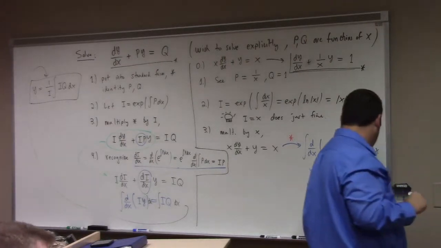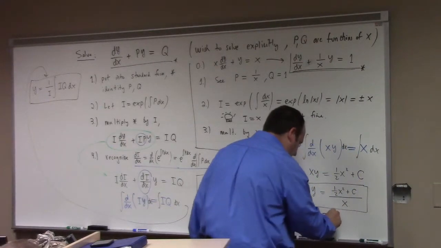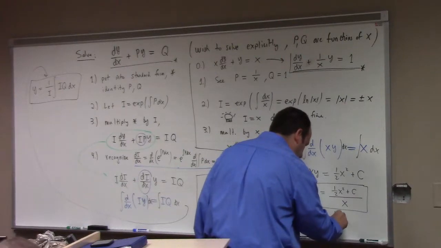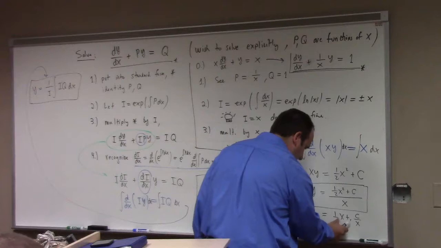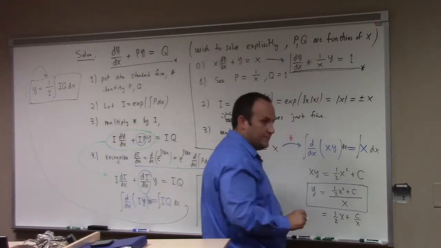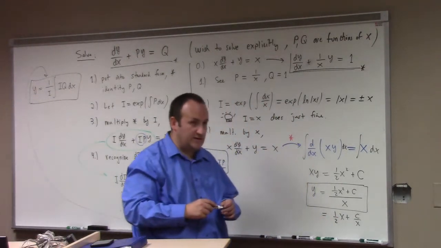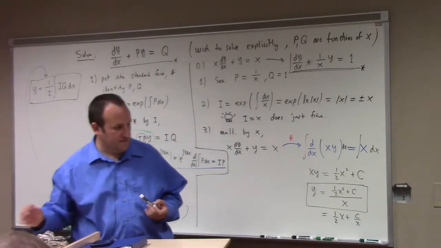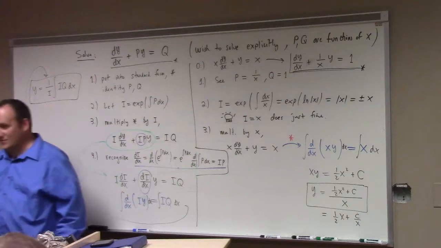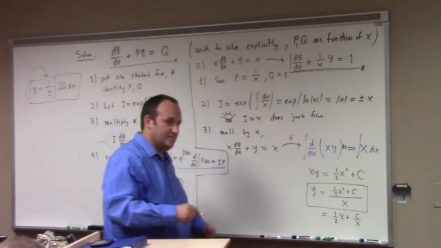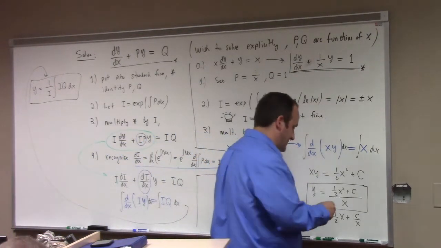So, you could do the algebra here. This is 1/2 x plus c over x, yeah? Please don't be the student in differential equations who does the following. What will make the teacher sad? Here's how to make your teacher sad.